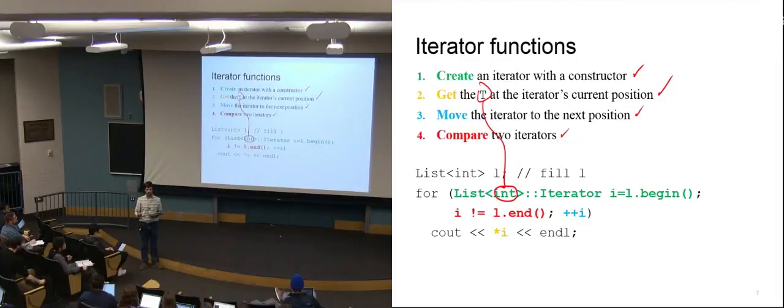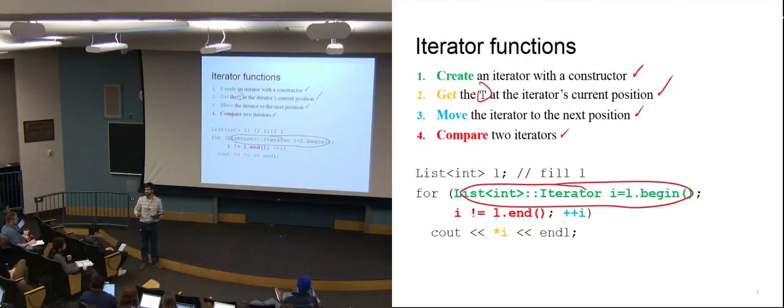One of the most confusing things about iterators is this nutty syntax right here. The thing that's easy to understand about iterators is it just goes in order through the list. That part is easier to understand than remembering this syntax. So put this syntax on your cheat sheet for the final exam.